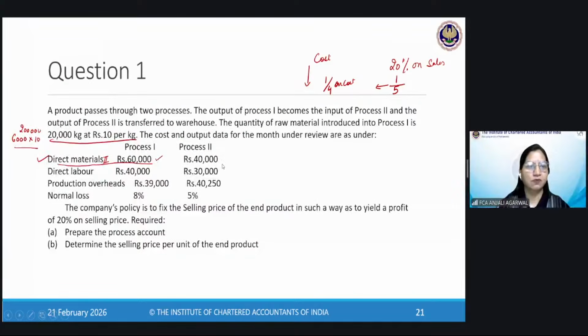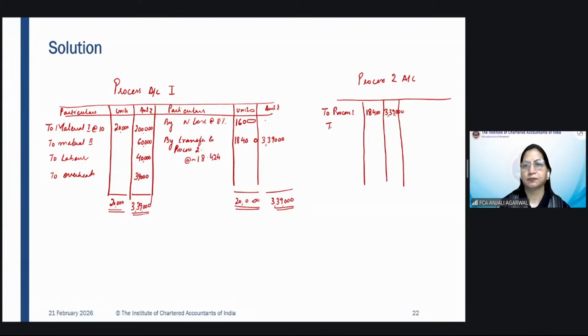And then in process 2, material, labor, overheads: 40,000, 30,000 and 40,250. So material, labor and production overheads. Okay. I hope you've got it.